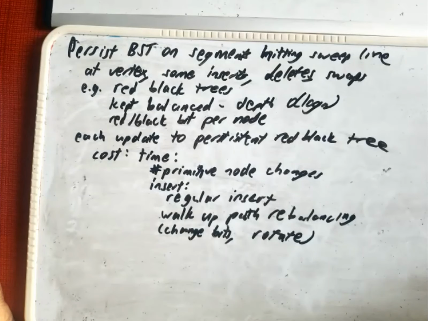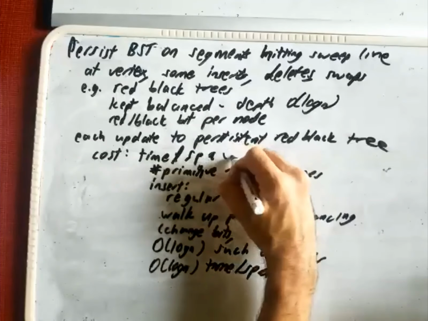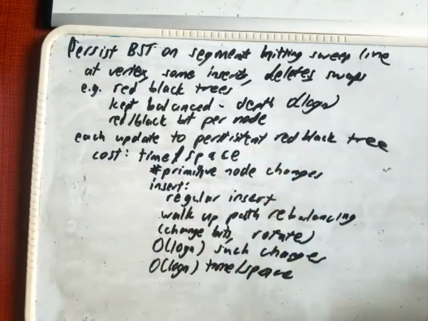And that means that we're going to use order log n time and space in order to do an insert into a red-black tree. The same is true of a delete and the same is true of a swap, okay? And so this analysis applies equally to time and to space. Okay.